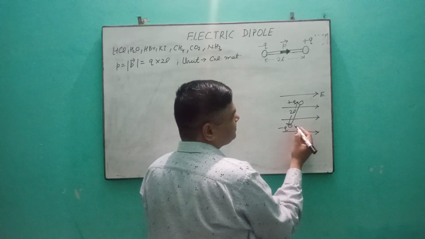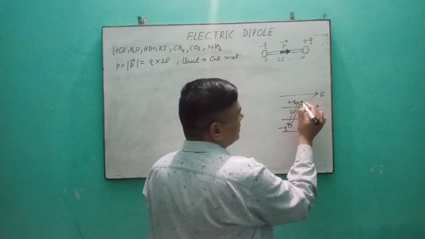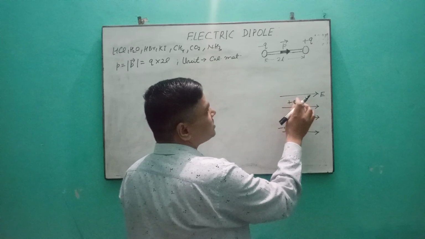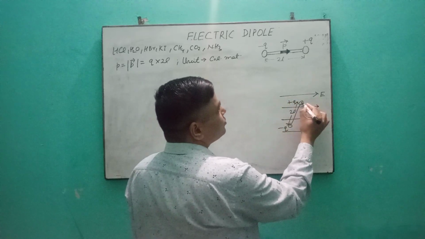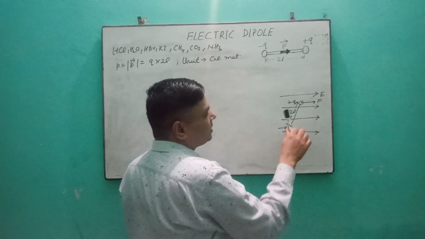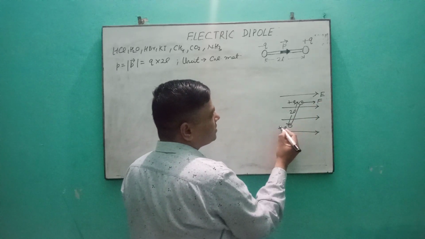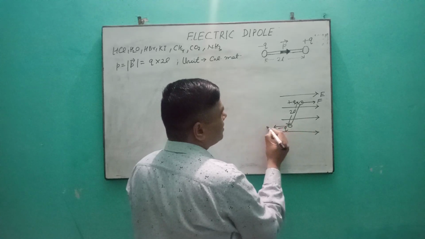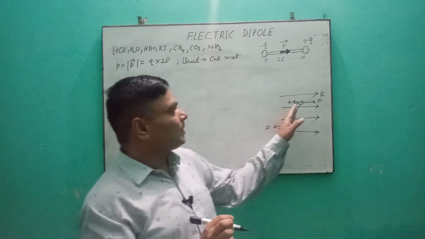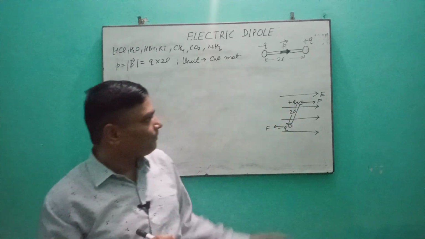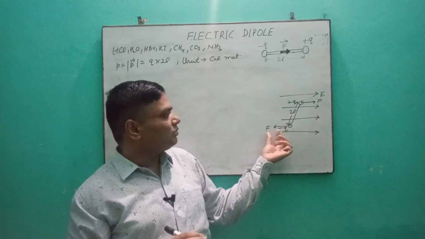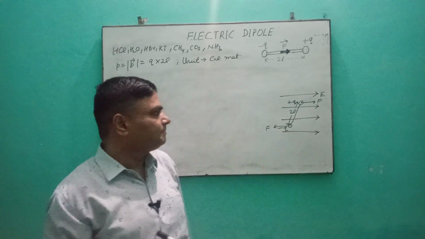Another concept is, upon this positive charge q there will be a force in the direction of the electric field, and upon this negative charge there will be a force F in the opposite direction to the electric field.